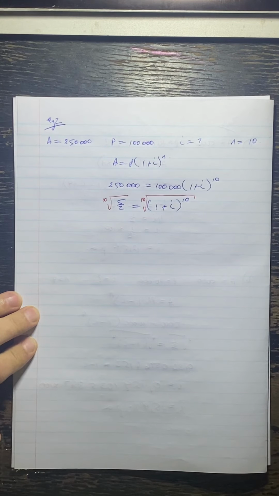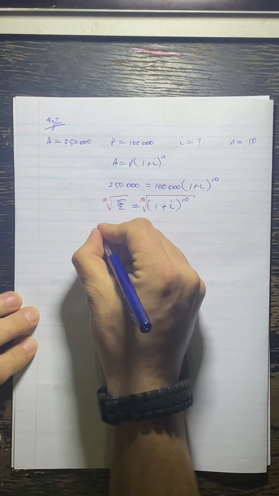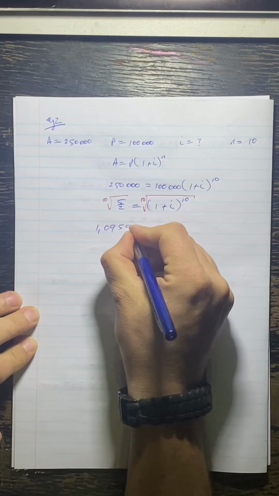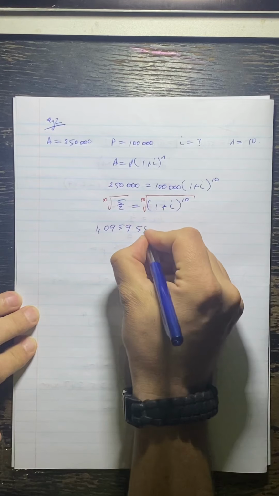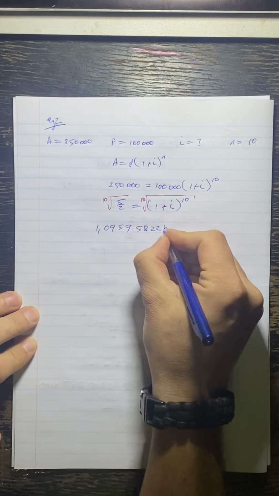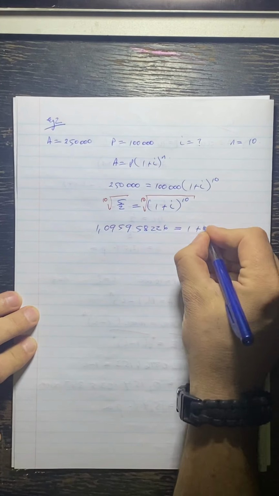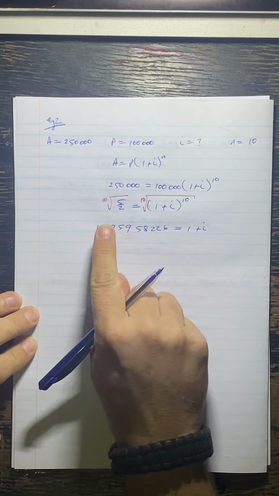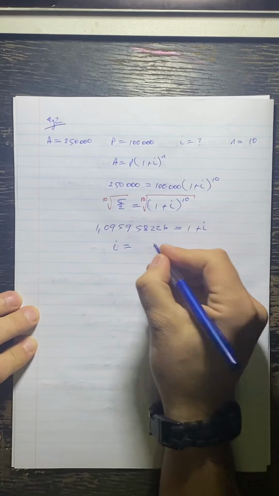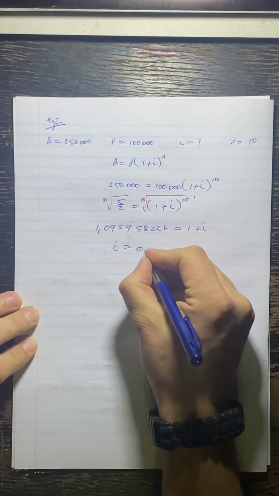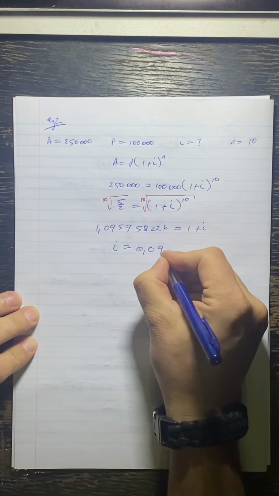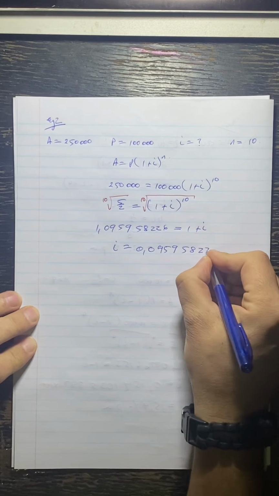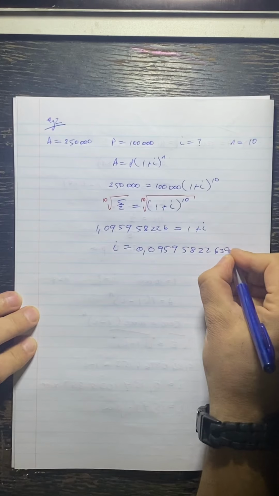Okay. If you put this on the calculator, you will get 1,095958226 equals 1 plus I. I'm going to take the 1 to this side, it becomes a minus, so we get I is equal to 0,095958222639.